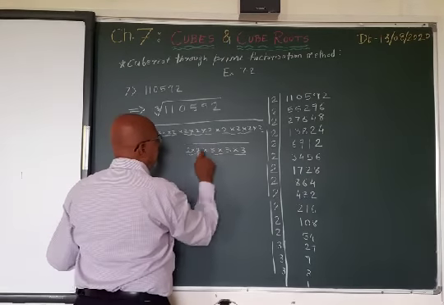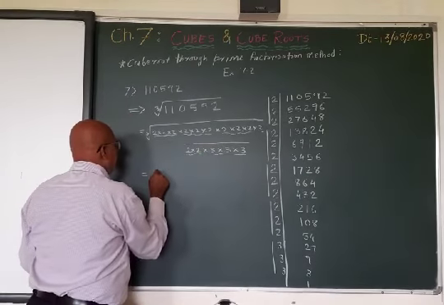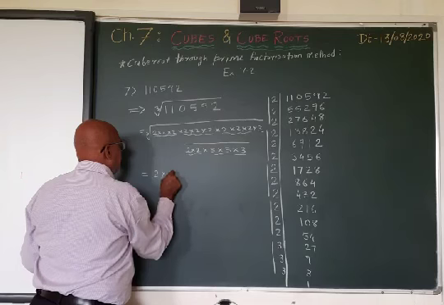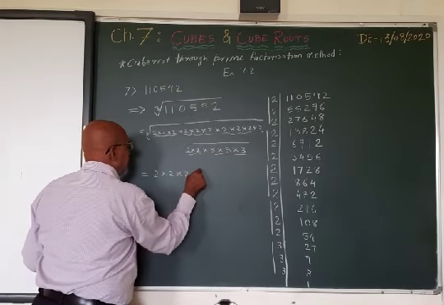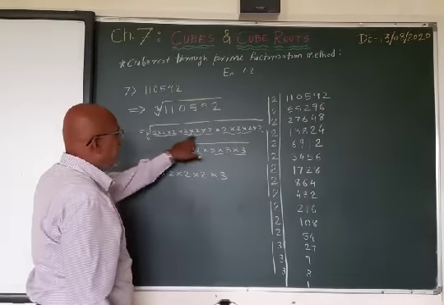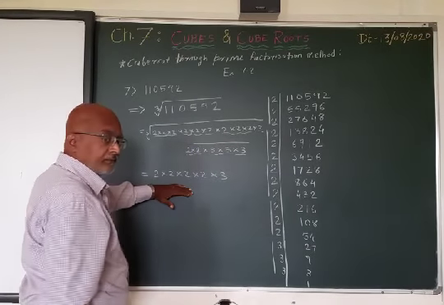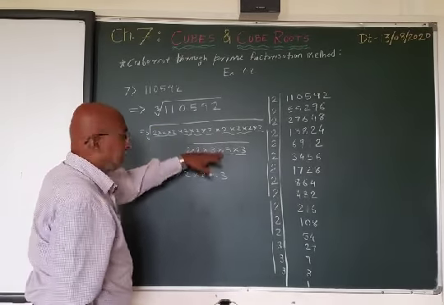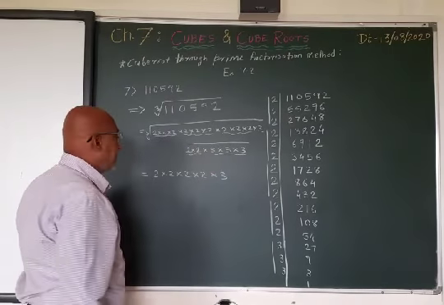So taking out one of each, 1, 2, 3, 4 twos, 2 into 2 into 2 into 2 into 3. We have taken out 1 from each group, and the root sign was cancelled.